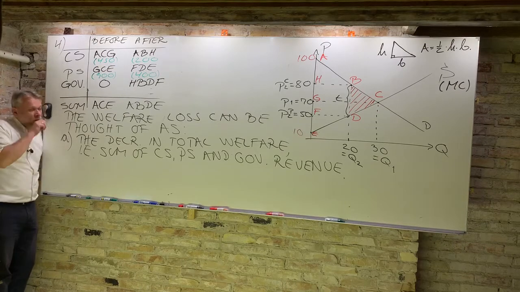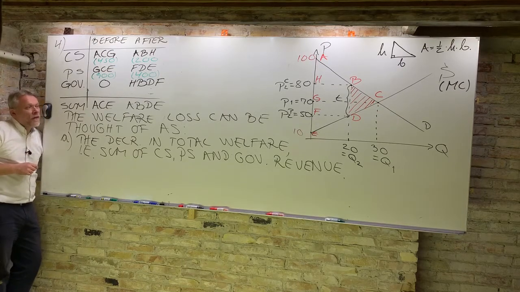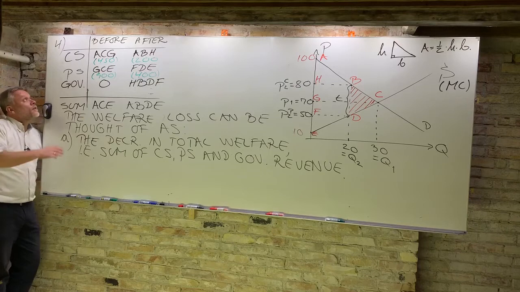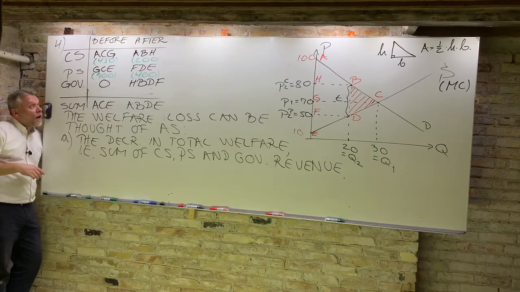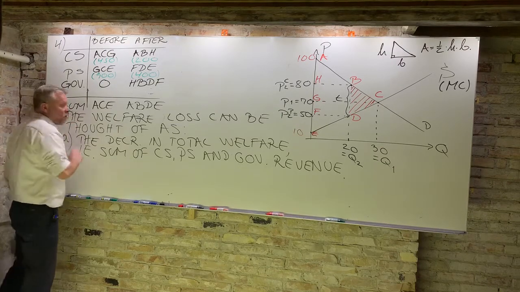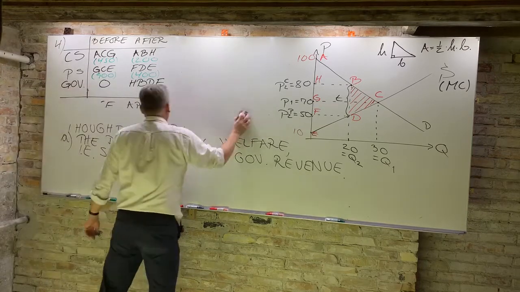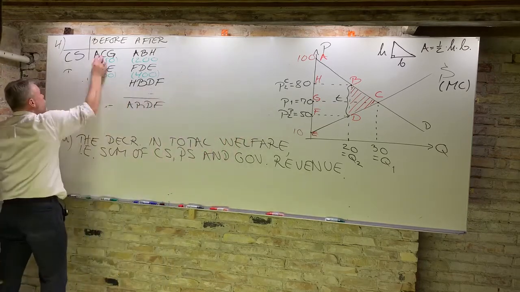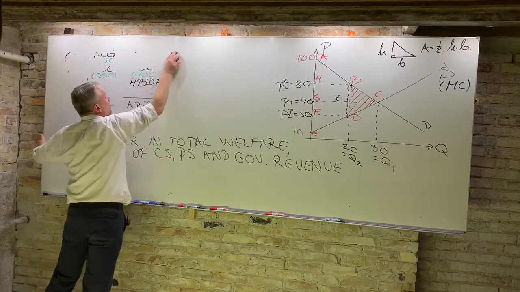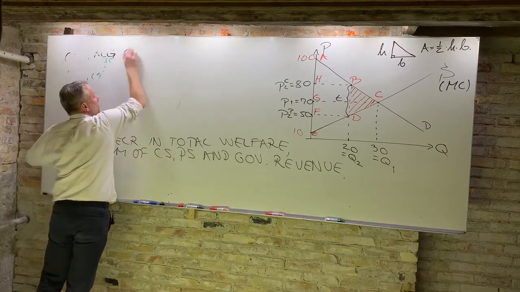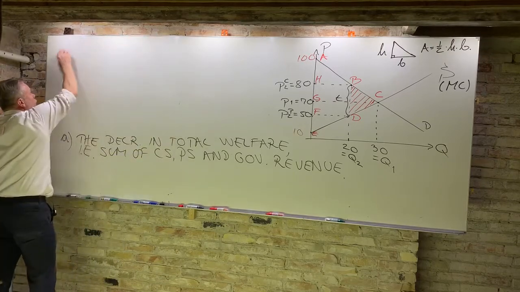Sometimes you are asked to simply find the welfare loss, and as we shall see, the second way of thinking about it allows you to find it in 2 seconds.